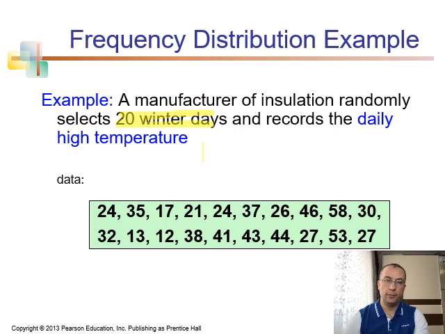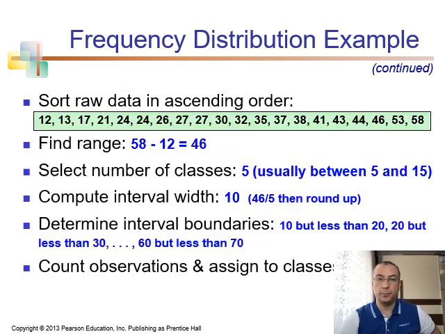And that's actually F. So if it is Fahrenheit, that means it's much lower in Celsius. But anyways, this is Fahrenheit. So you have 20 numbers. How can we draw a frequency distribution?